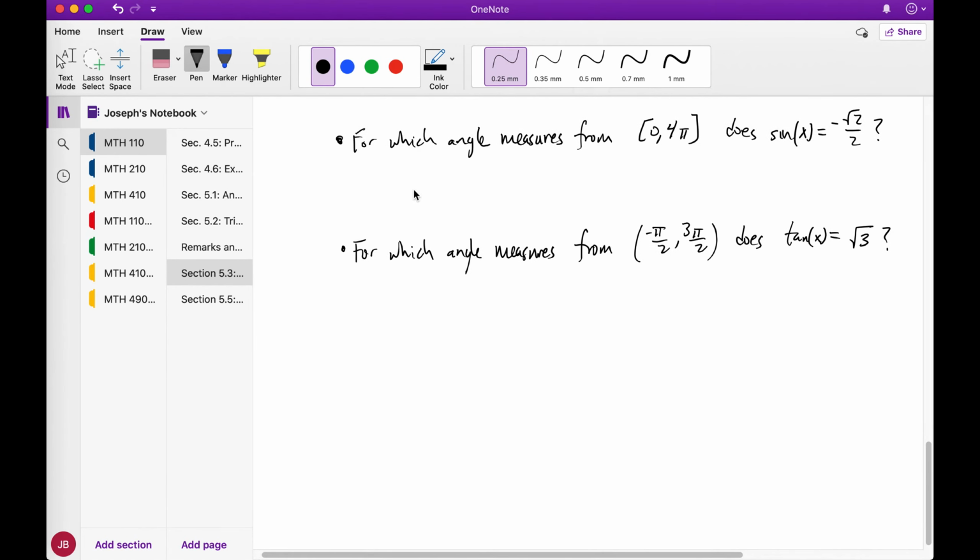Okay, and now the final piece to this section here. For which angle measures in 0 to 4 pi does sine of x equal minus root 2 over 2? And so what you're going to do is look at your chart, and here's where we're going to leverage periodicity.